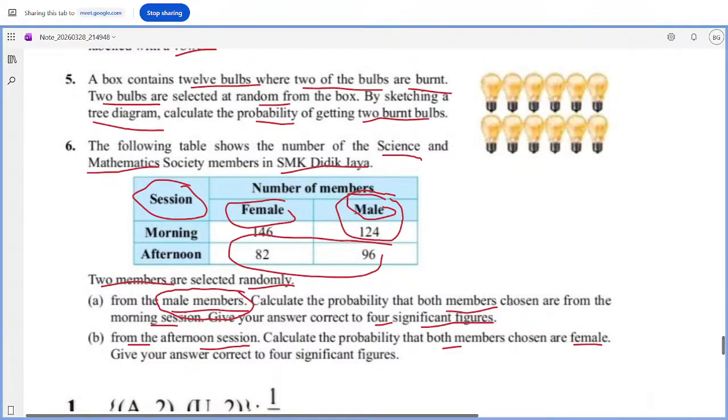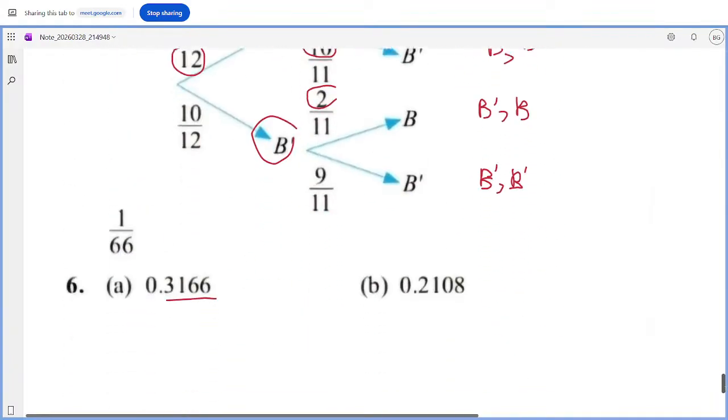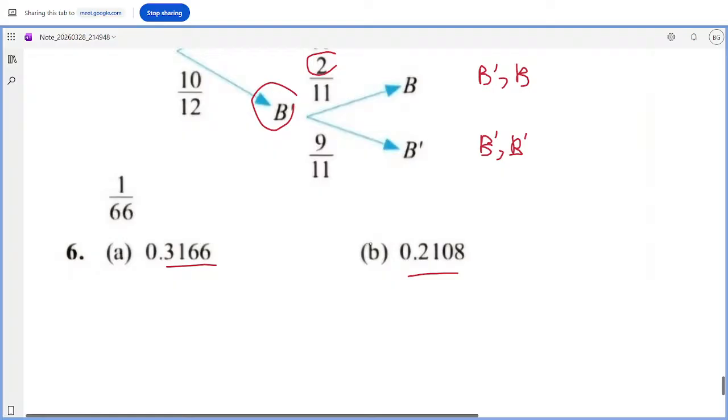Second member, does it change, guys? May I know the total and the number for the second fraction? Both female, yeah, of course it changes, because the total will decrease by 1 and the number of females also decreases by 1 after you choose the first female. So basically 82 over 178 times 81 over 177. So this is the answer, 0.2108. Again for SF, remember that.